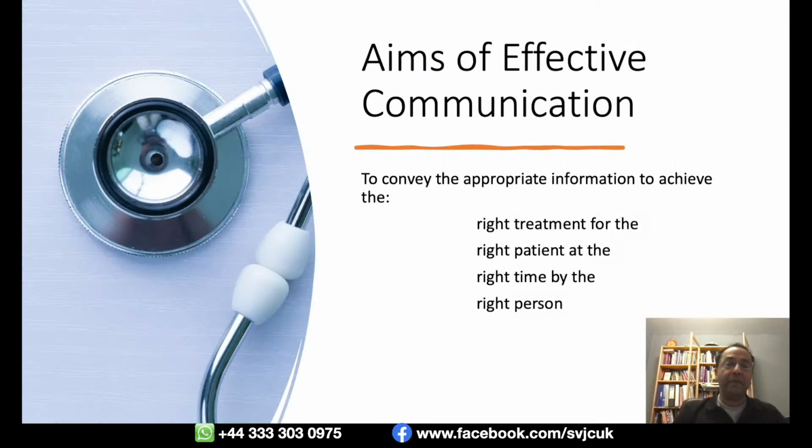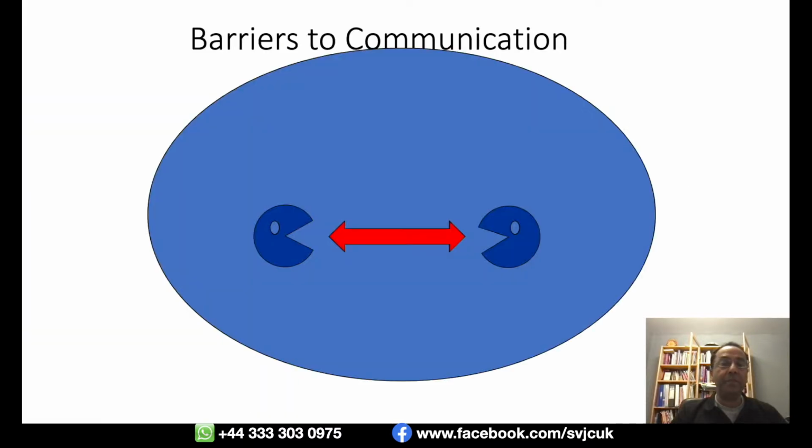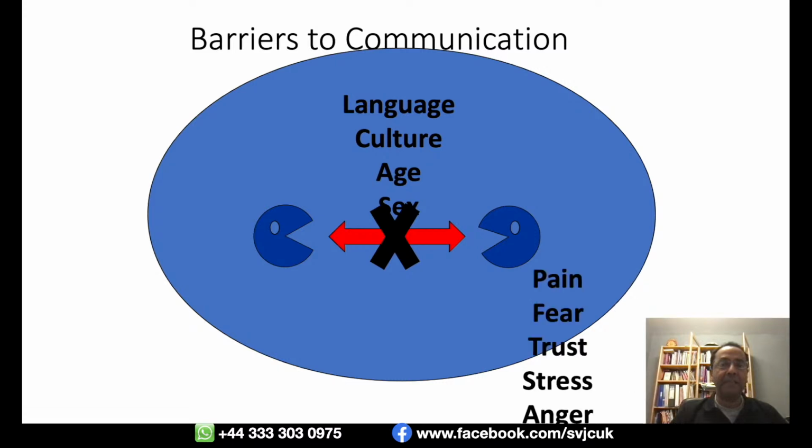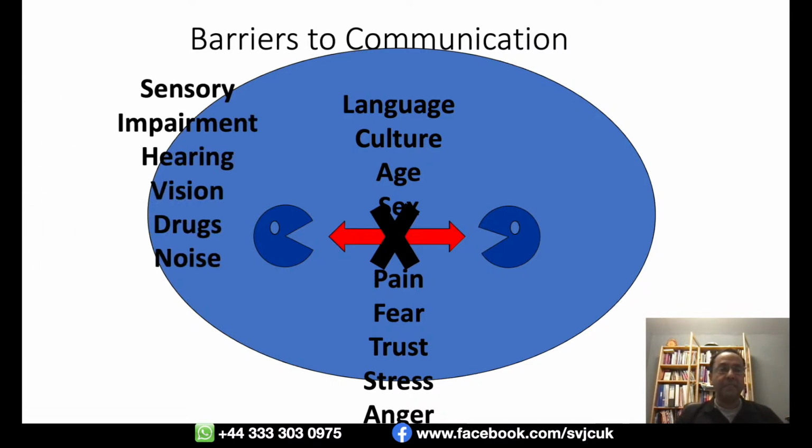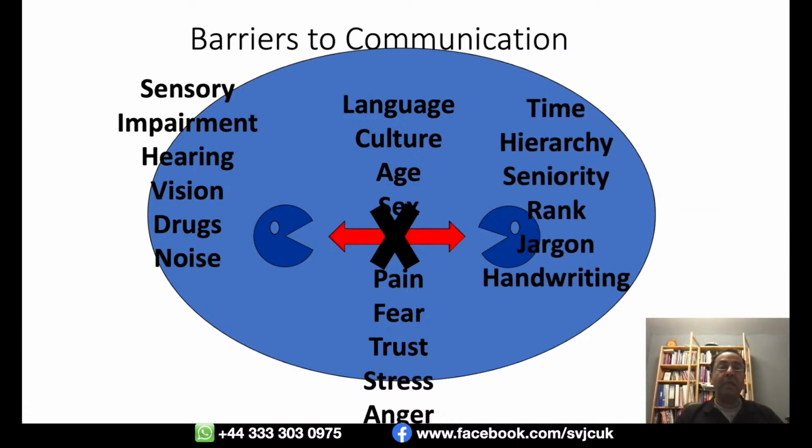So what are the aims of effective communication? The aim is to convey the appropriate information to achieve the right treatment to the right patient at the right time and by the right person. So what are the barriers to communication? The barriers are language, culture, age, sex, pain, fear, trust, stress, anger, sensory impairment, visual impairment, noise, drugs, time.